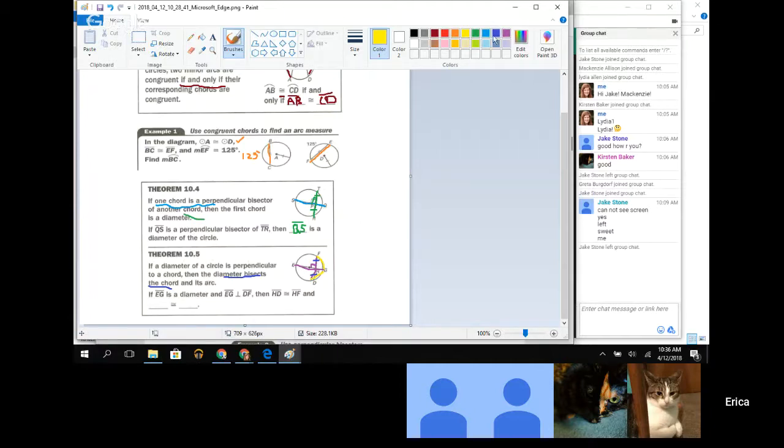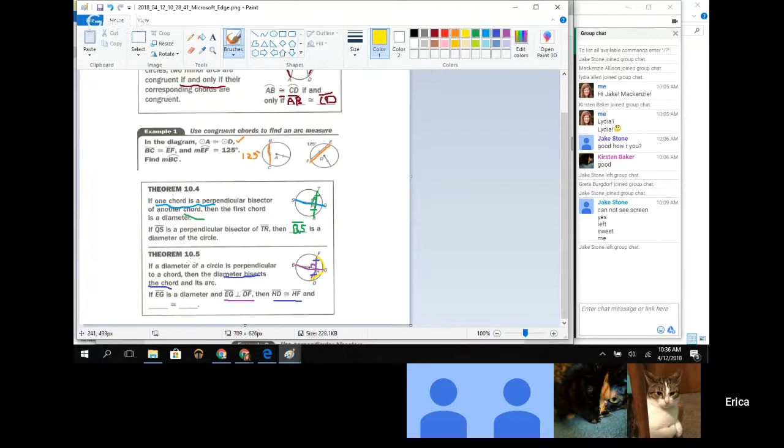So if I color code it down here, the purple part tells us that EG is perpendicular to DF. Those are our two lines. Then HD, this little line here, is congruent to HF. So it bisects that line. Okay.